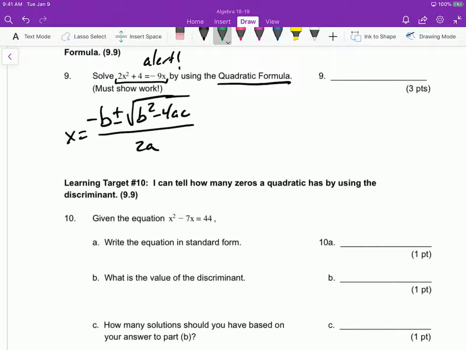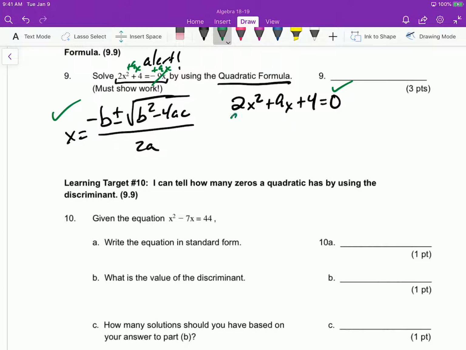So I'm actually going to have to add 9x over to the other side and put it in the proper order. So first of all, I need to write 2x squared plus 9x plus 4 equals 0. So now I'm good, I equal 0. So now this formula works. It would not work unless I had the original equation equal to 0.